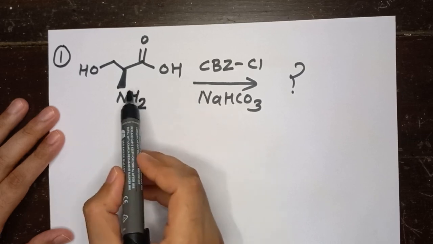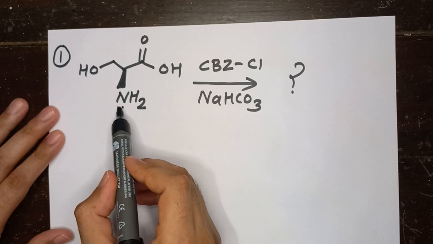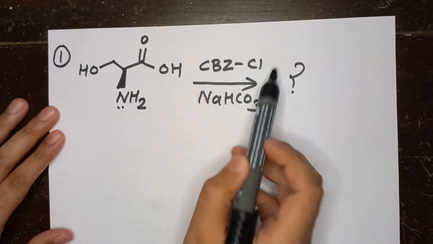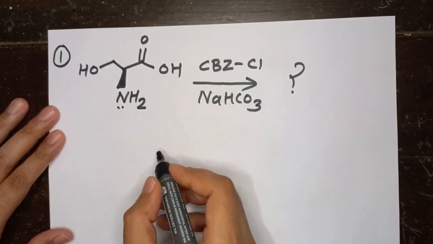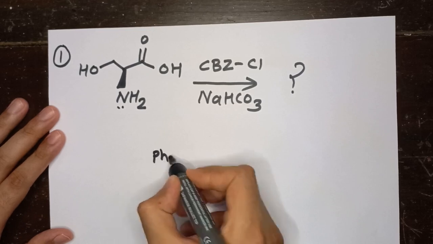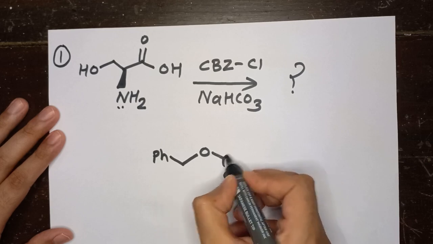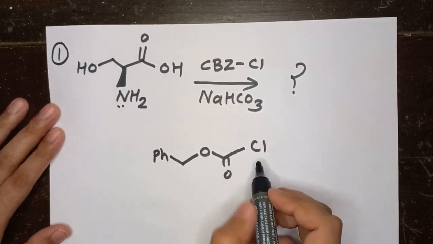So we have an amine group. This amine group will be protected by using CbZ chloride. Okay, what is the structure of CbZ chloride? So this is the structure of CbZ chloride.